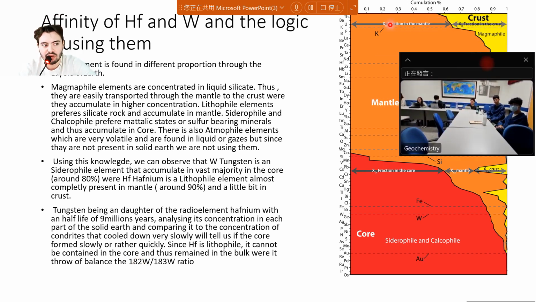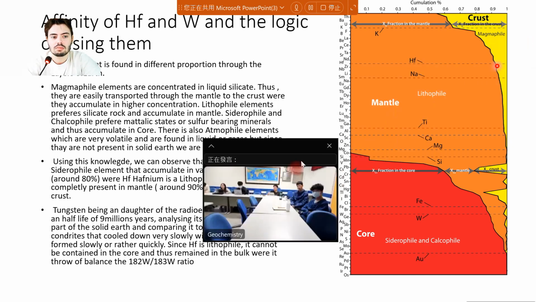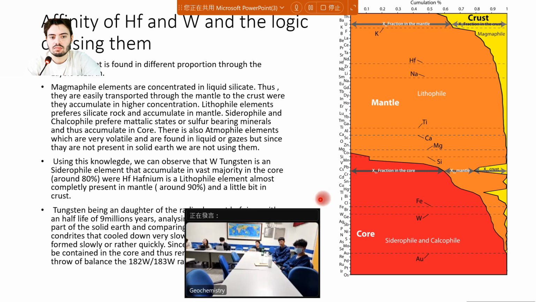I think magmaphile elements are easily melted, so they are easily transported to the crust where they are cooled. If you read this figure, you will see it's thorium, uranium, lanthanum, cerium, thallium. Several of these are the uranium series isotopes or elements you have seen.